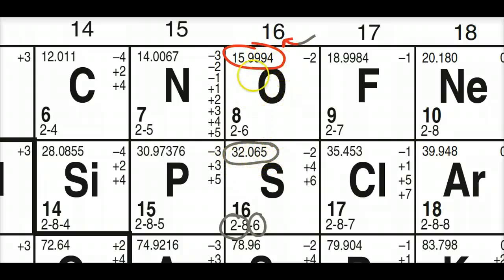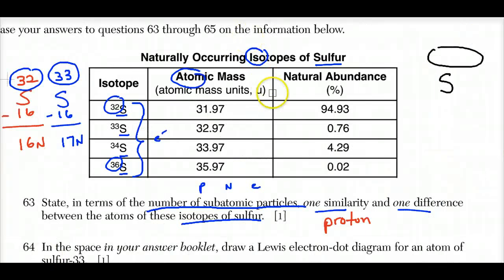And you probably can guess the most abundant isotope of oxygen is 16, since we can round off, it's closest to 16. So what we're going to do is take the atomic mass units, the empirical data that we get from a very precise lab, and find the percent of each one of these and add them together.